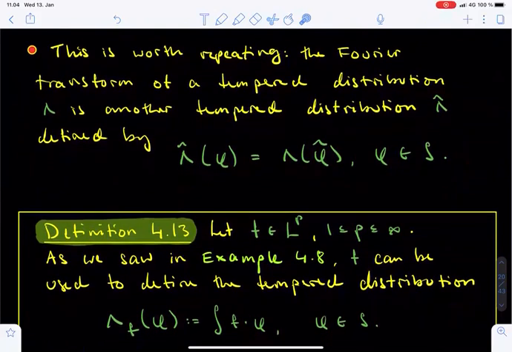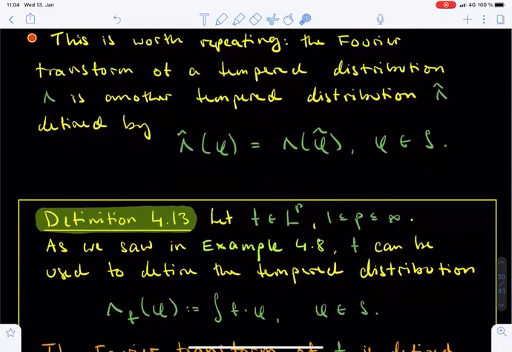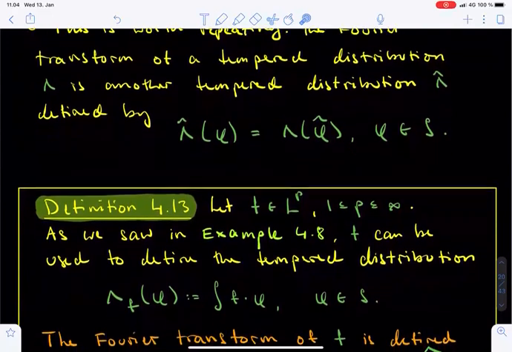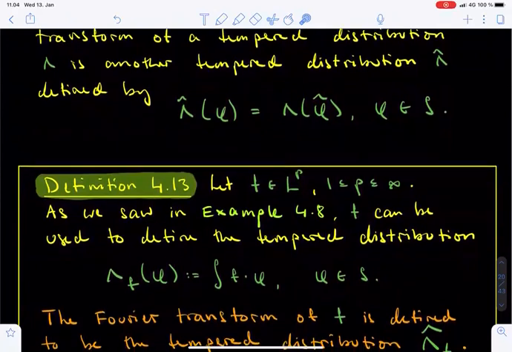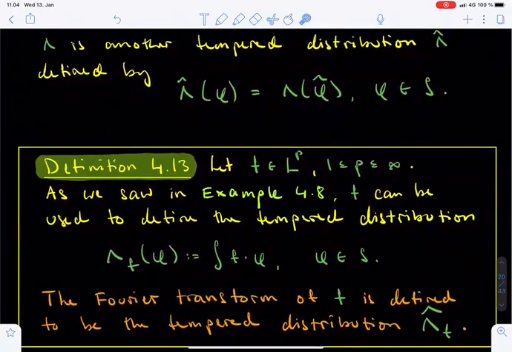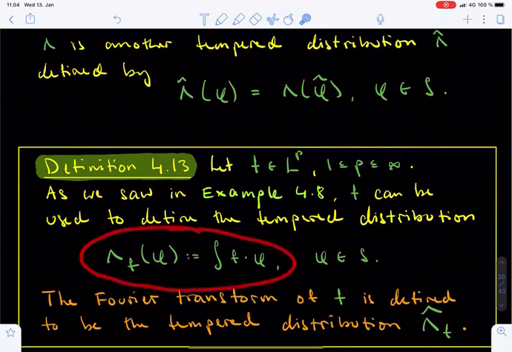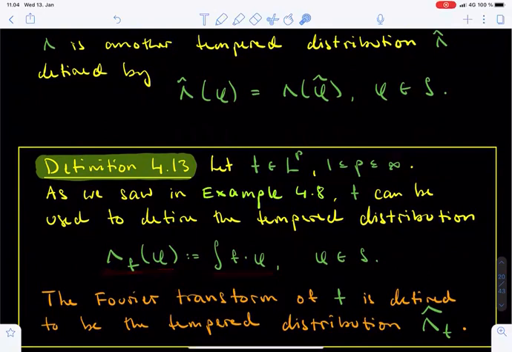Since every LP function for any exponent p defines a tempered distribution by example 4.8, we are now finally in a position to define the Fourier transform of any LP function, regardless of the exponent p. Indeed, if p is an exponent between 1 and infinity, and f is an LP function, then f can be used to define the tempered distribution lambda f, namely lambda f of phi equals the integral of f times phi for all Schwarz functions phi.